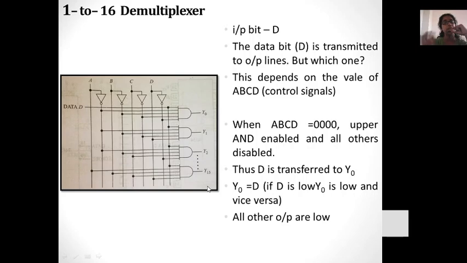We are writing the fundamental product for each entry. For A, B, C, D equal to 0, 0, 1, 1, what will be the fundamental product? It will be A bar, B bar, C, D. So you have to take that, from 0 to 15, and draw the outputs. And I am remembering that on the last slide I used the term AND OR circuit.